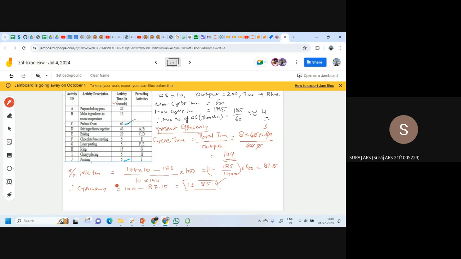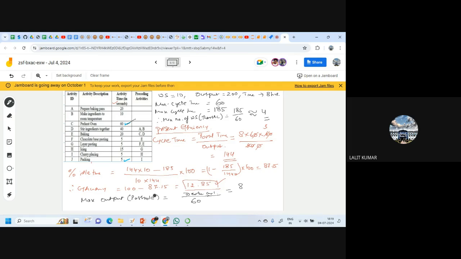What is the maximum possible output? The maximum possible output, theoretically, is if you are taking the minimum cycle time of 60. It is equal to the total time available divided by the minimum cycle time of 60.